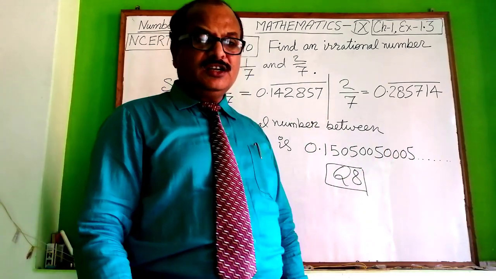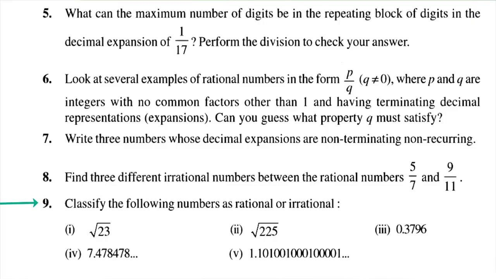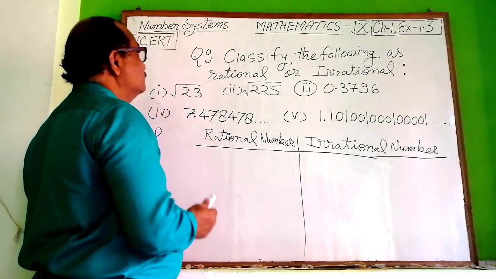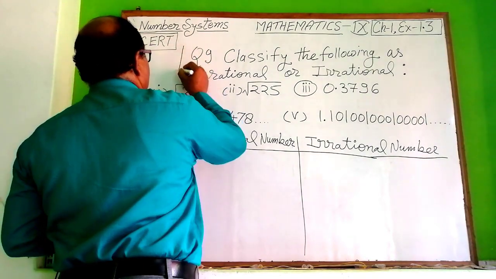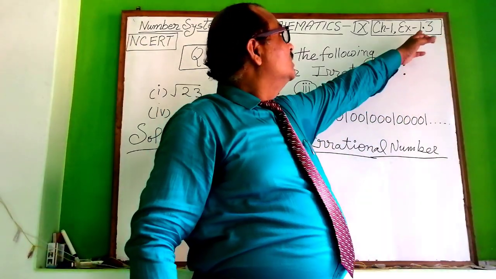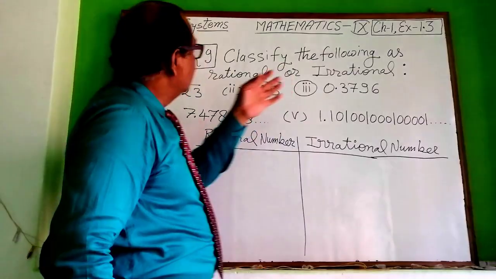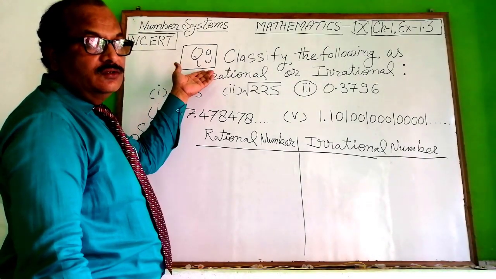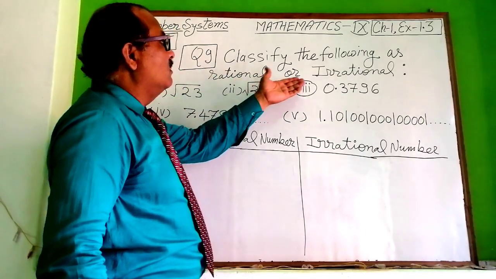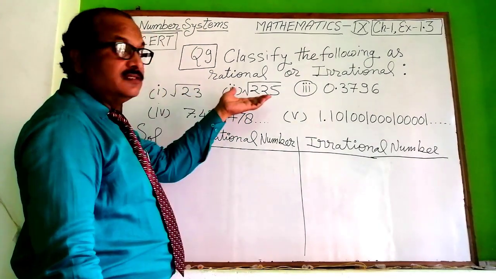Now come to question number 9. Classify the following numbers as rational or irrational. Exercise 1.3, question number 9. It is the last question of the exercise. Five parts are given here.